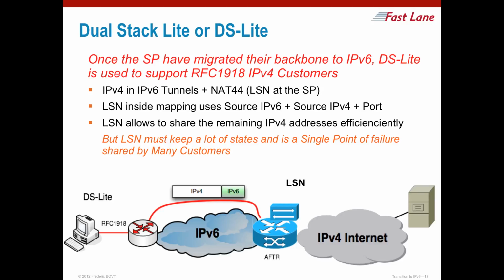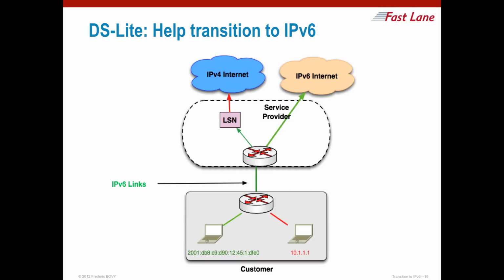So it combines the benefits of carrier grade NAT, allowing to share a public address among multiple customers. It is a nice solution because you start to have an IPv6 link with your service provider, and it supports both IPv4 and IPv6 nodes. With IPv4, we will have a large-scale NAT translation.